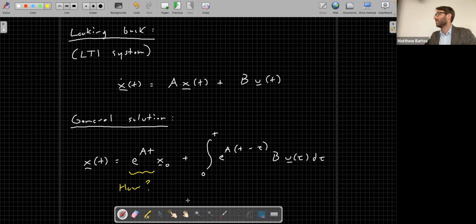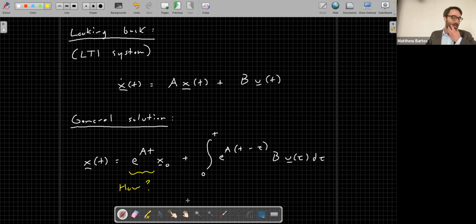You might think of just applying the exponential element-wise, right? Except you know that if you have a matrix squared, that's not the same as just squaring every entry of the matrix, right? So it's not enough to simply naively take the element-wise exponential of the matrix.